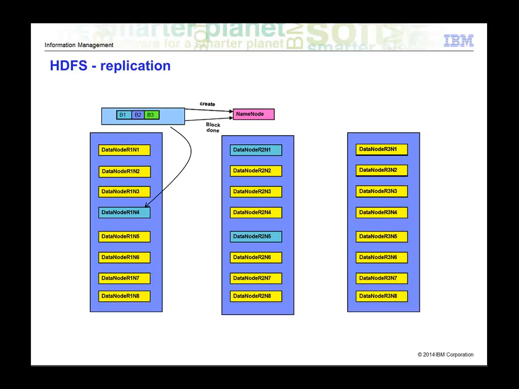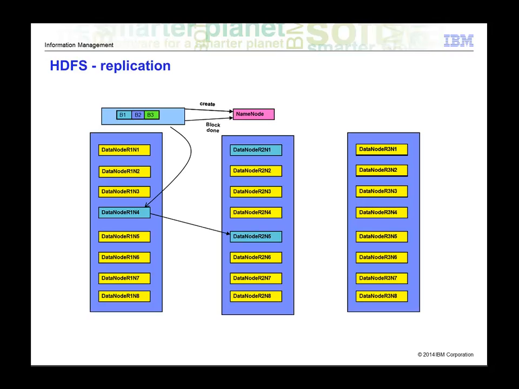If the client is running on a data node, it will try to place it there. Otherwise, it chooses a data node at random. By default, data is replicated to two other places in the cluster. A pipeline is built between the three data nodes that make up the pipeline.